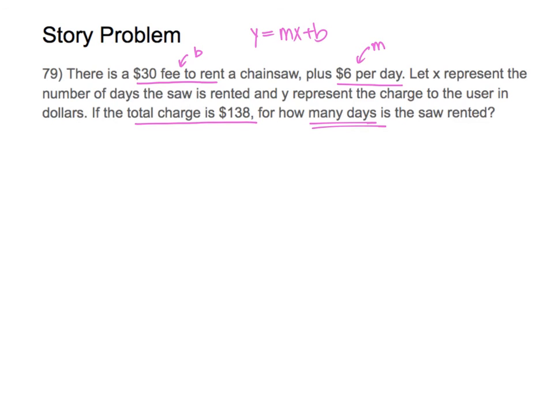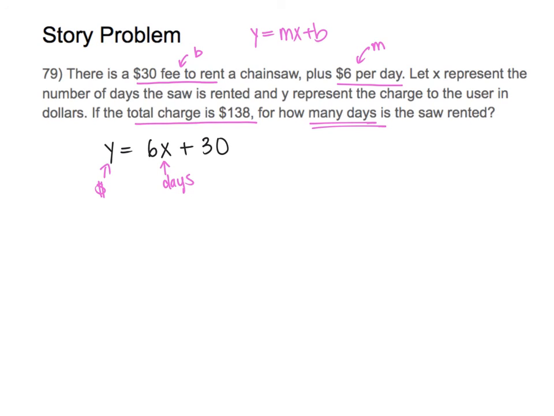Because every day that passes, you have to multiply the cost per day by the number of days, so $6. So in this case, if I were to write an equation, this would look like y equals 6x plus 30, where x represents days and y represents total dollars, right?